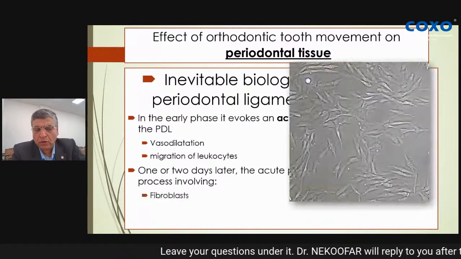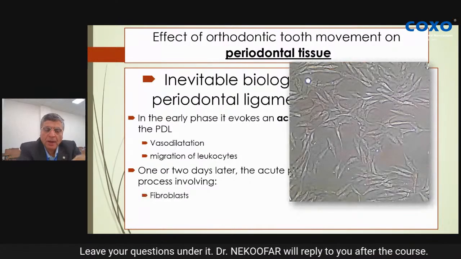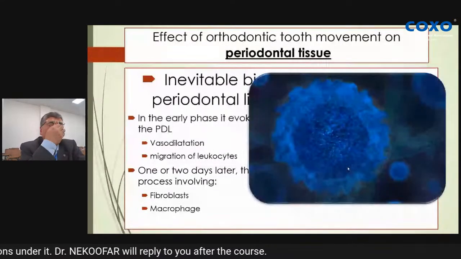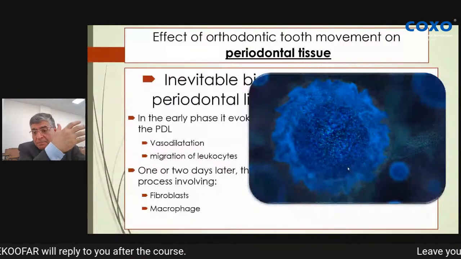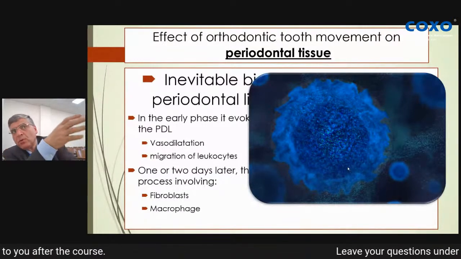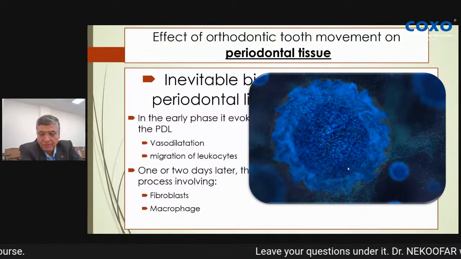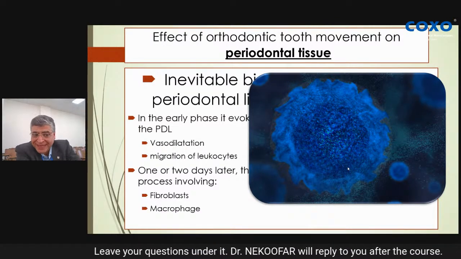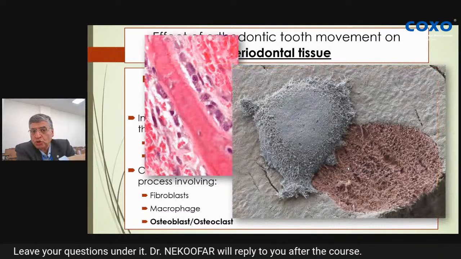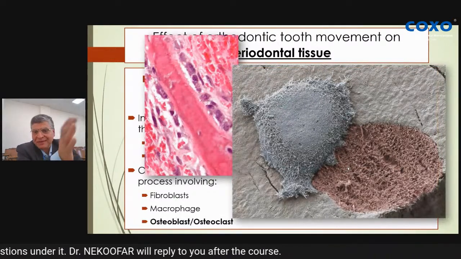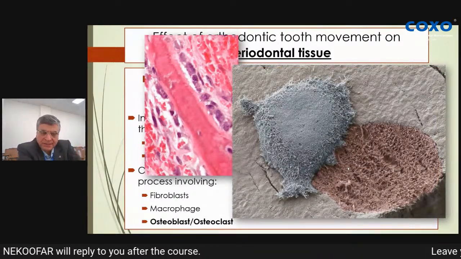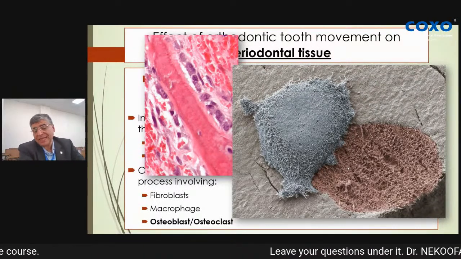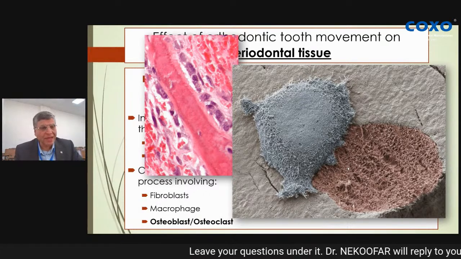And we don't need to do any treatment, because fibroblasts may come to the area, macrophages may come to the area, and then based on the cellular activity, we have chronic inflammation. That can be the initiation of healing, and we don't need to do something quickly. Then we have osteoblast and osteoclast activity, and without this osteoclast activity, obviously we don't have any movement.